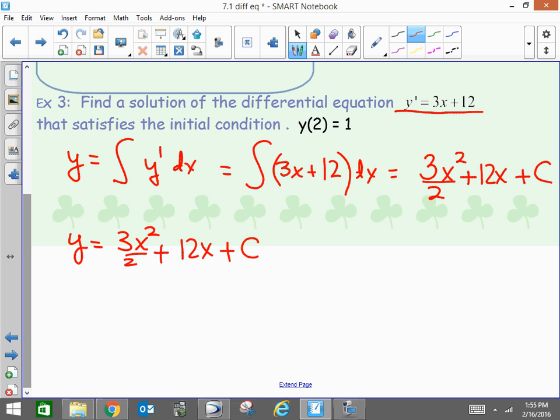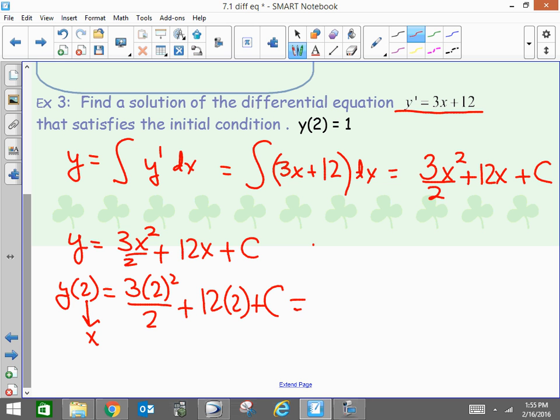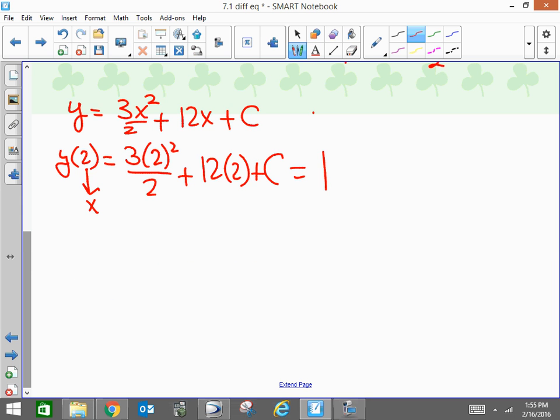Plug the initial value in. So y of 2 means 2 goes in for x. It's kind of weird notation. Okay, it's like f of, but now it's called y of. Same idea. 3 times 2 squared over 2 plus 12 times 2 plus C equals 1.